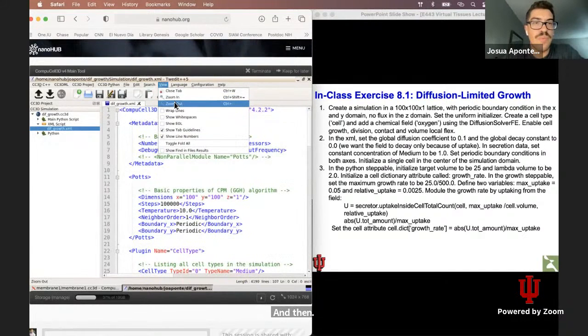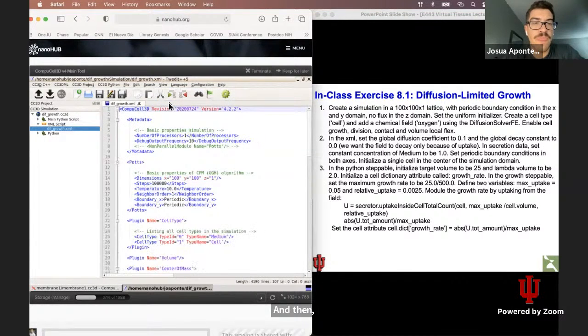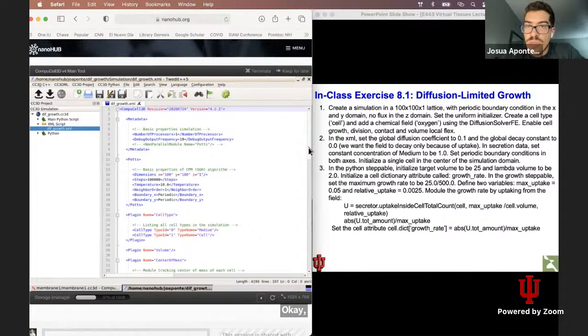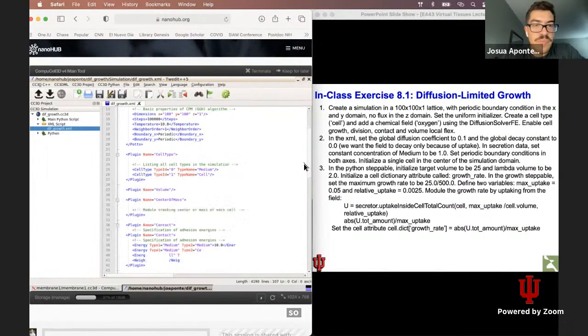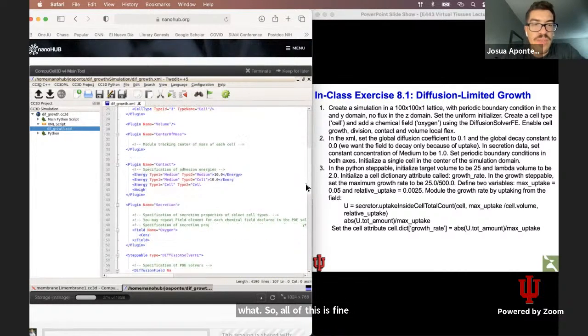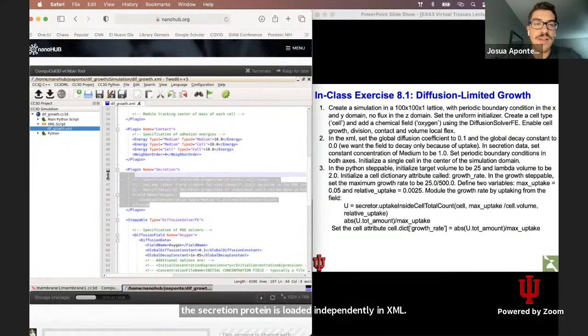So all of this is fine. Now, as I've said before, the secretion data is always, when you load the secretion plugin, loaded independently in XML, and then it has the secretion data inside of it.